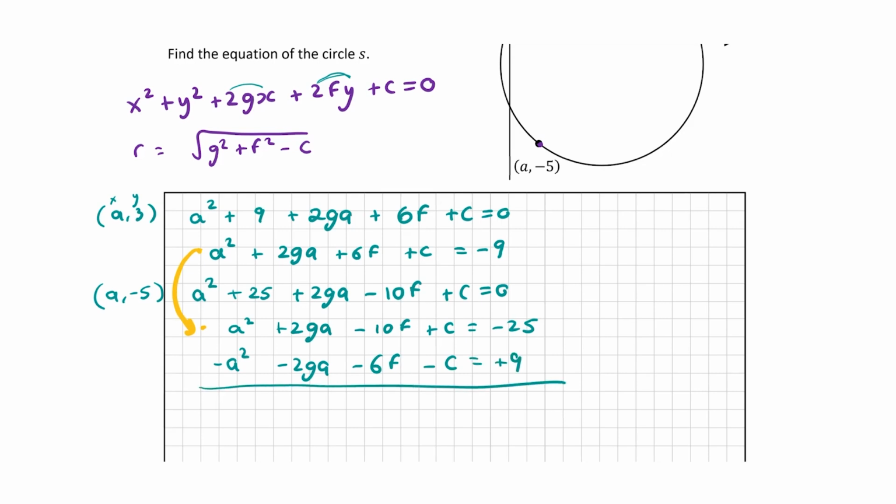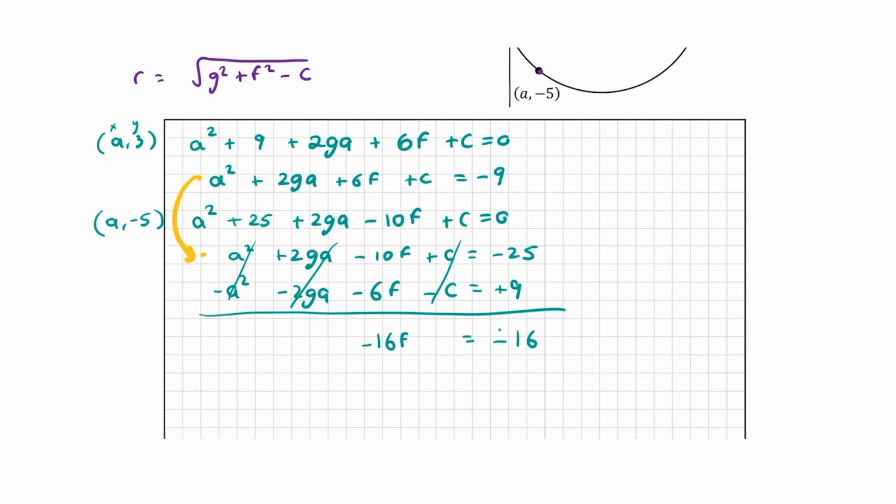So we can cancel the a's, because it's a squared minus a squared, 2ga minus 2ga, c minus c. So then we have minus 16f is equal to minus 25 plus 9, which is going to be equal to minus 16. Minus 16 divided by minus 16 is 1, so f is equal to 1. So that's our first key piece of information, that f is going to be equal to 1.